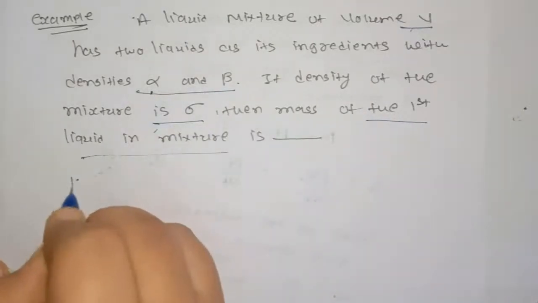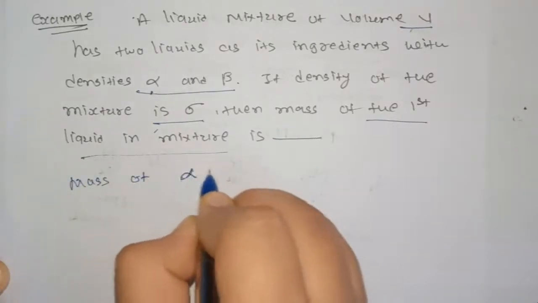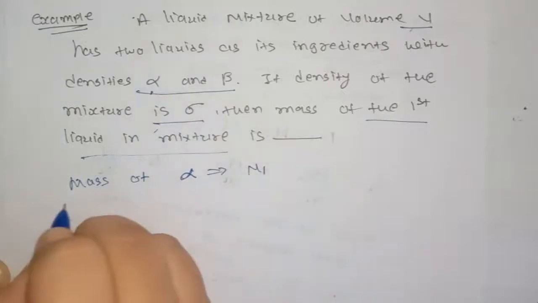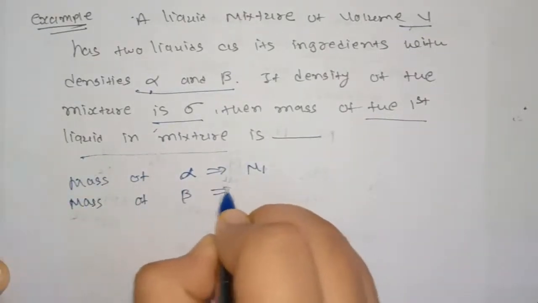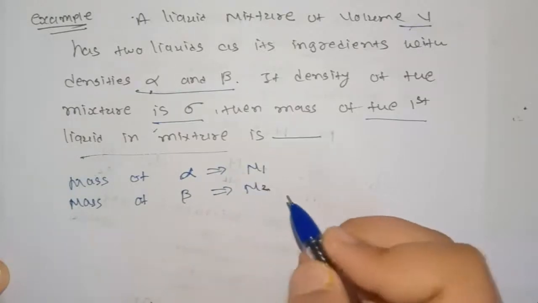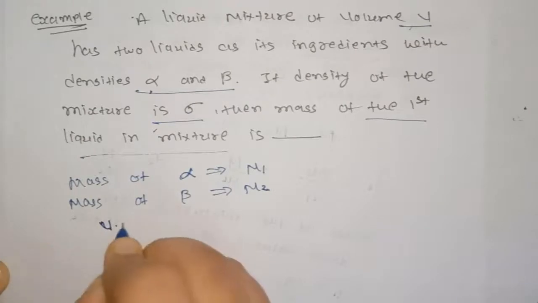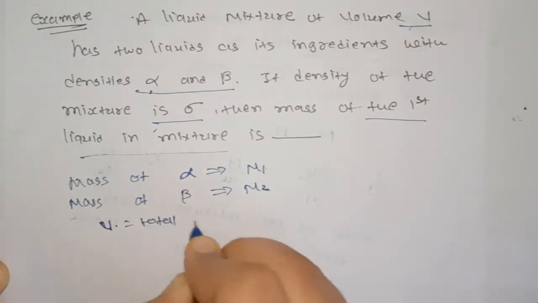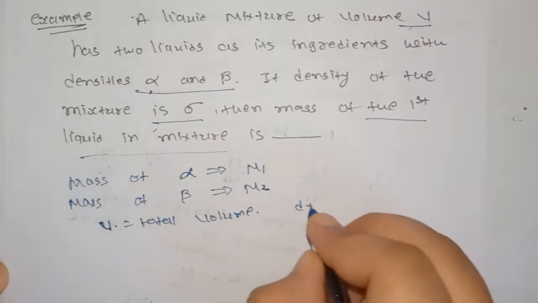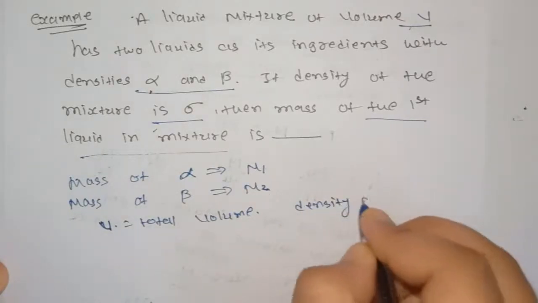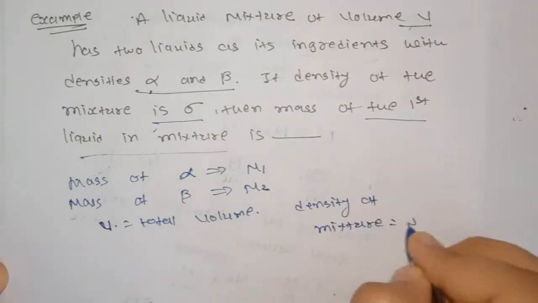Let's say the mass of liquid having density alpha is M1 and mass of liquid having density beta is M2. The total volume here is V. And density of mixture is given sigma.